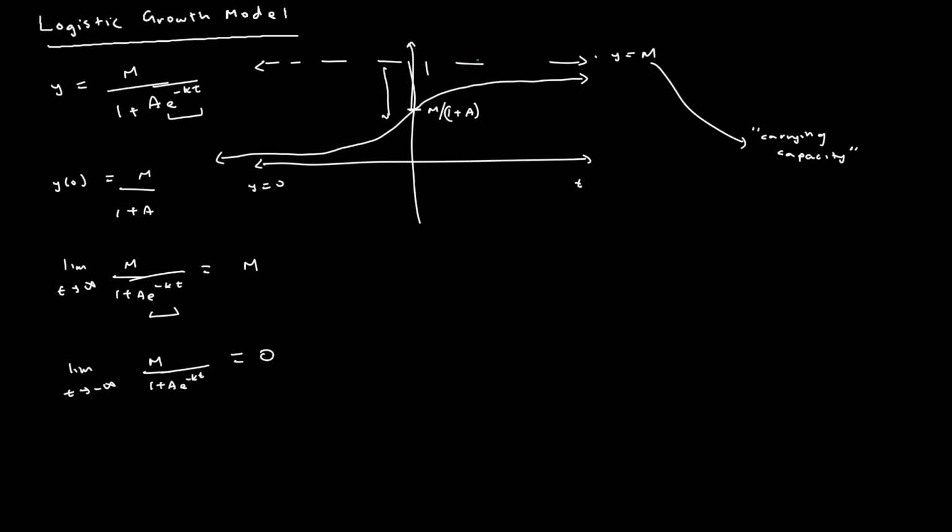But as we get closer to the carrying capacity, our rate of change of growth diminishes. And if you look at this function, it also becomes concave down at positive t. So it means that the rate of change of our growth decreases as we increase in t.